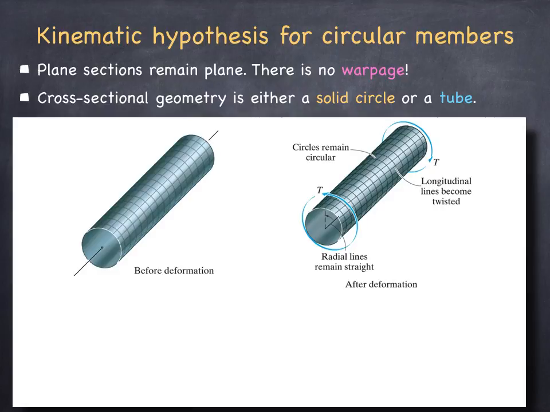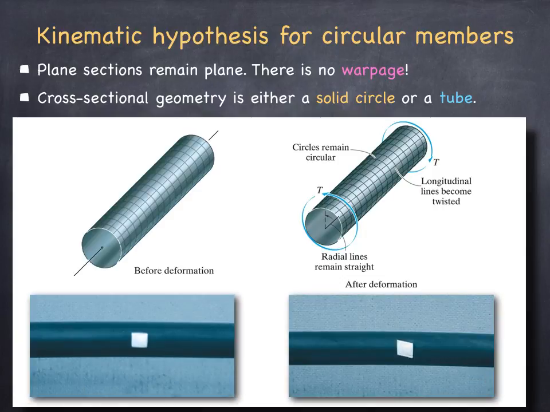The only thing that appeared to be changing was the angle at the grid lines, which were 90 degrees, but now they could be different. So here's a photograph from an actual experiment. If we painted a white patch on the side of a circular shaft and applied torque to it, we see that the vertical edges remain vertical and straight, and the horizontal edges simply rotated, giving rise to a shearing angle or a twisting angle.